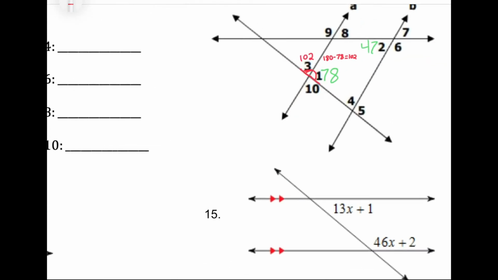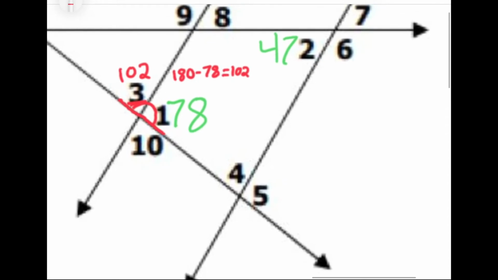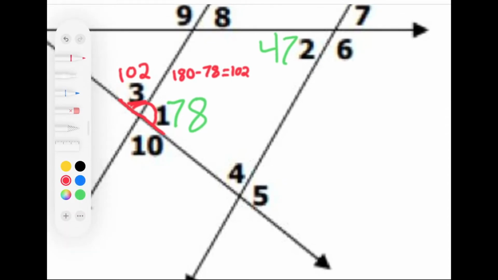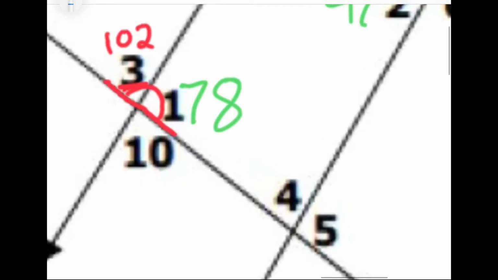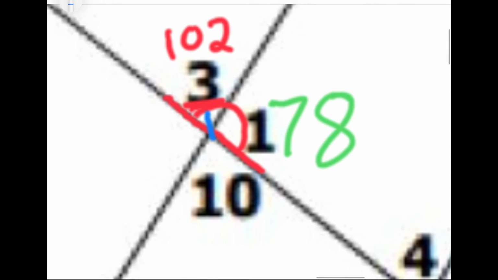So then we keep going. And for sake of space, I'm going to erase that 180 minus 78. So we have enough space. Let's change our color. Now, angle 3 and angle 10. They're diagonal from each other. They're also on this same intersection.